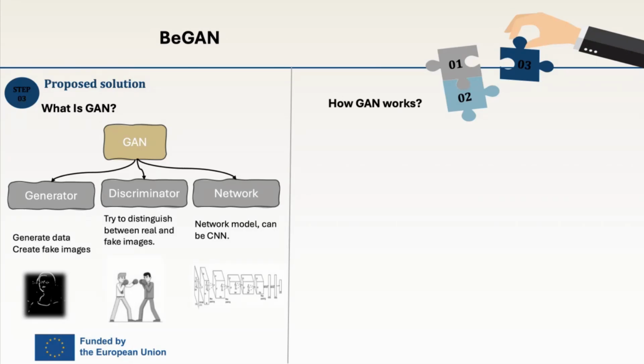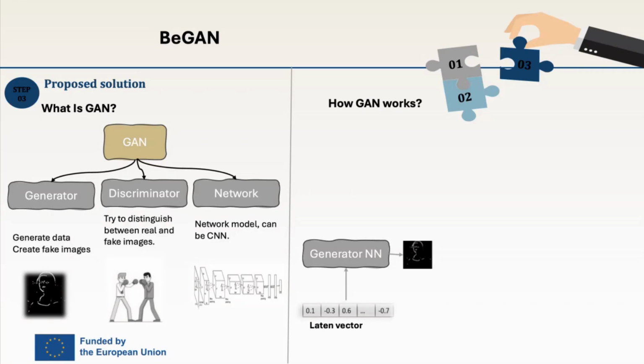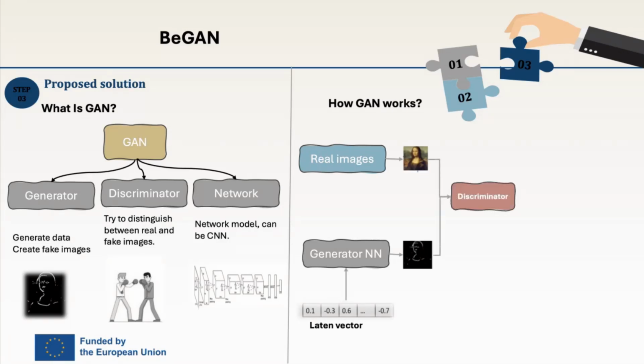Now let's see how GAN works in training. The generator starts from noise, or a latent vector, and this generated vector gives us a noise image. Then there are the real images from the real dataset, and the discriminator always tries to distinguish between the real images and the fake images.